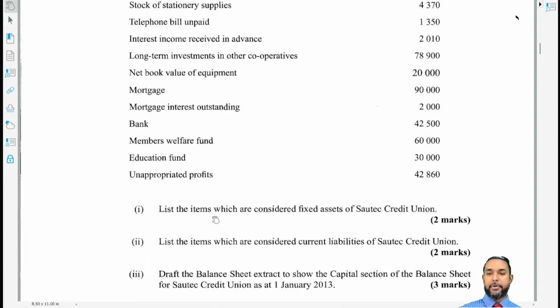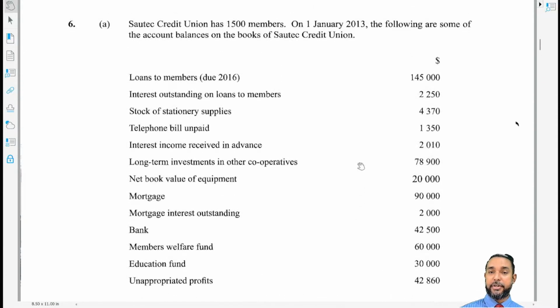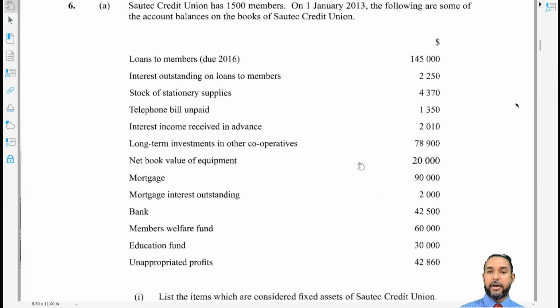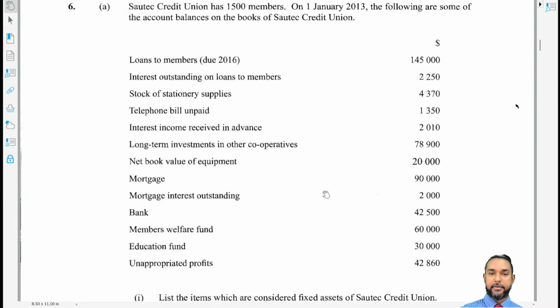Right, so don't worry with part one and part two. We're going straight to part three. Draft the balance sheet extract to show the capital section of the balance sheet for Soltec for 1 Jan 2013. So the information here is for 1 Jan 2013. You have 1,500 members. All right.